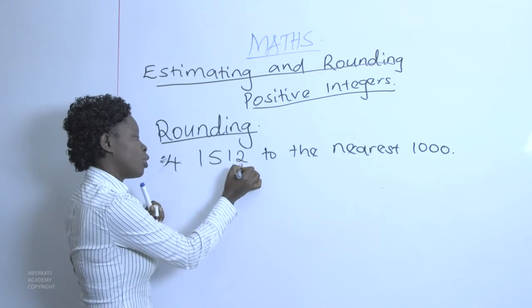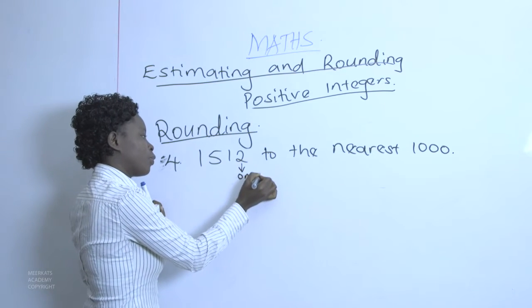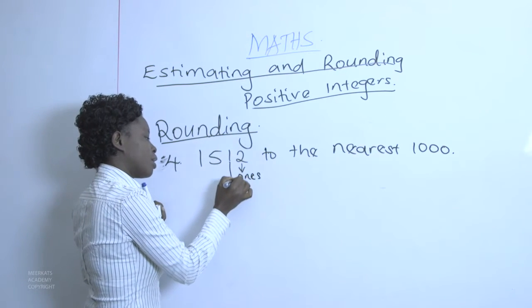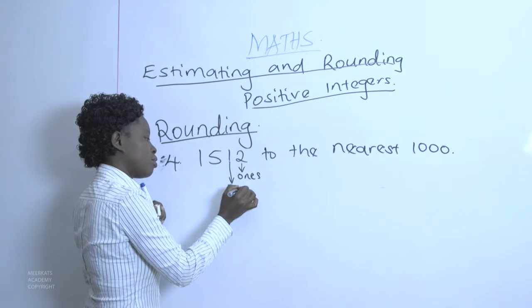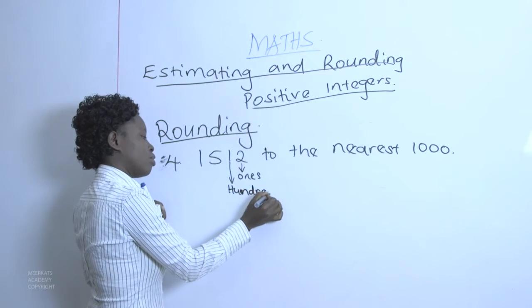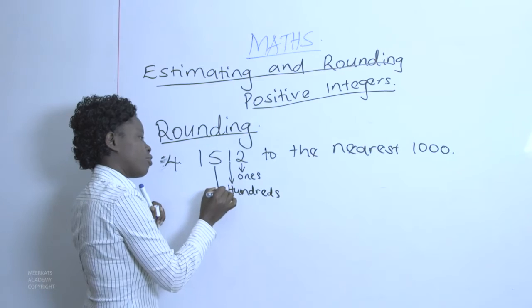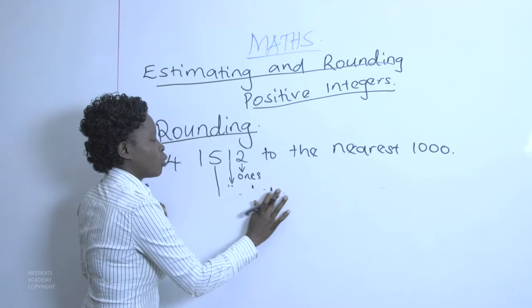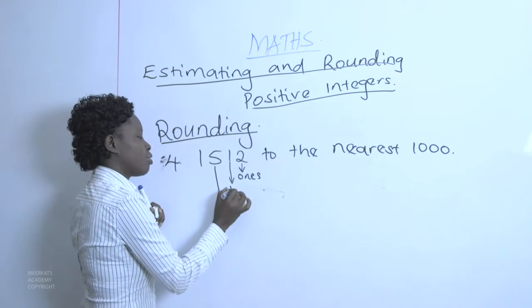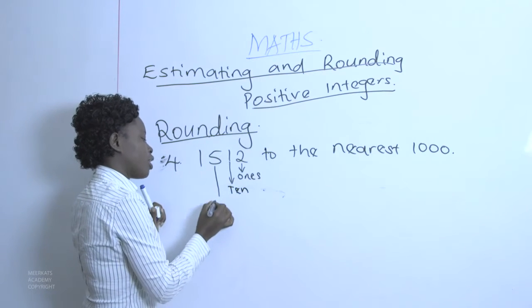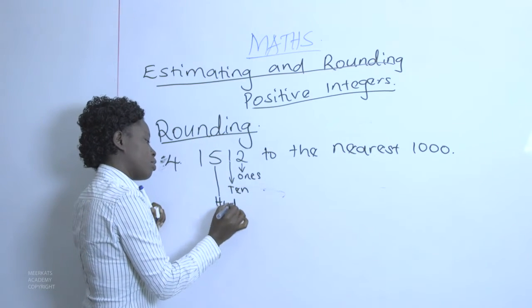So 2 is in the ones place value. 1 is in the tens place value. 5 is in the hundreds.